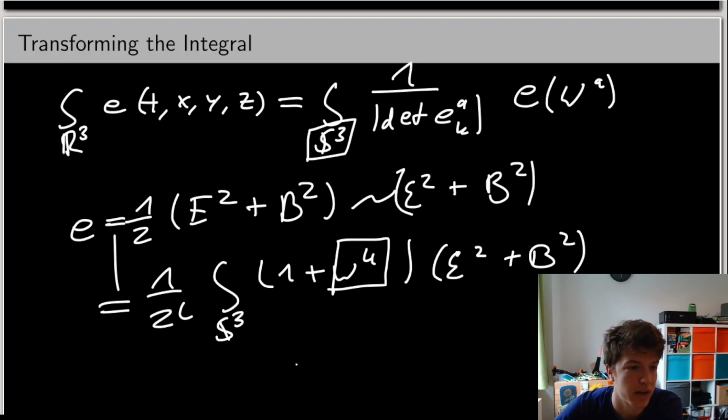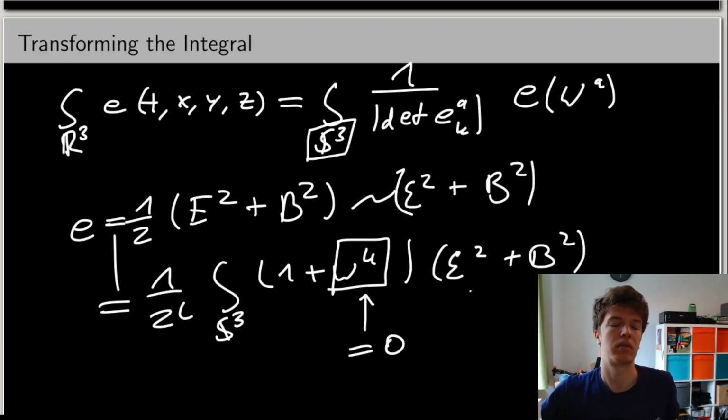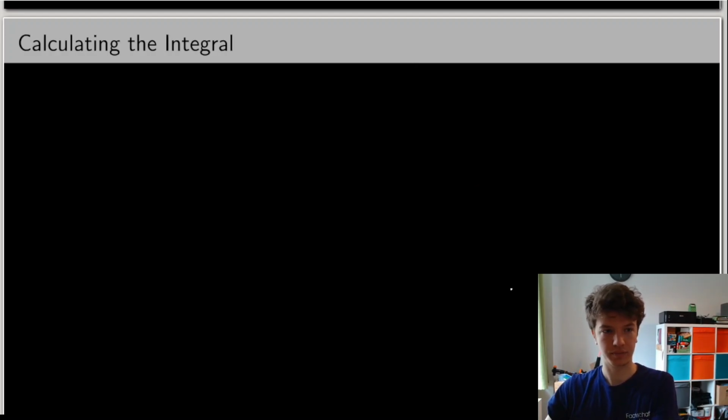And as we integrate over the whole S3 in this case, we know that this part gives 0 integrals as we want to further calculate.